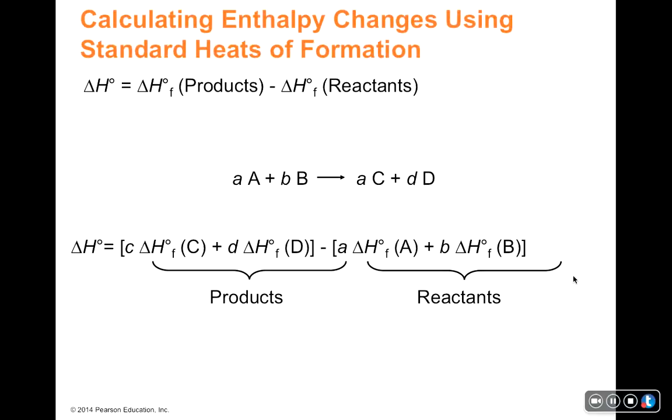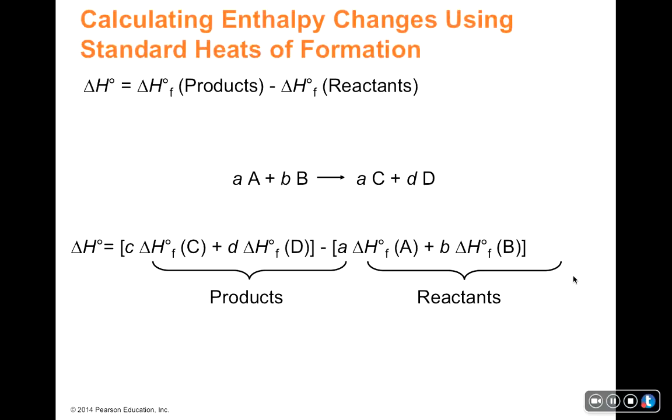So here's how that works. If you're looking for the delta H of a reaction and you're given heats of formation for all of your substances, you take the sum of the delta H of formation of all of your products, taking into account the number of moles of each that you have. And then you subtract the sum of the delta H of formation for all of your reactants.